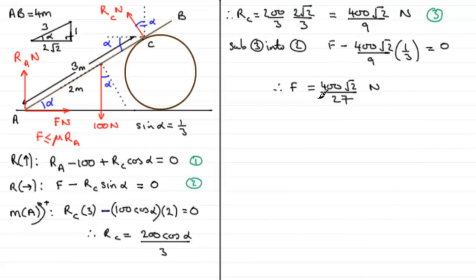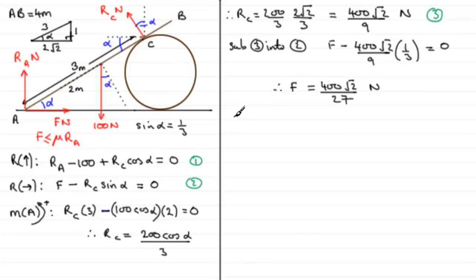Well, we've got F. Remember, we're trying to work out the least value of mu. So we need F and we need the normal contact force at A, RA. To get RA, we now go to equation 1. We can substitute our result for RC back into 1 and get what RA is.